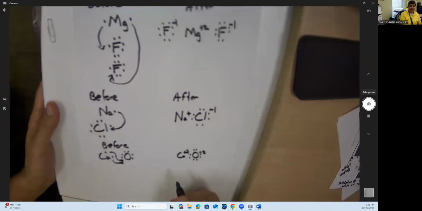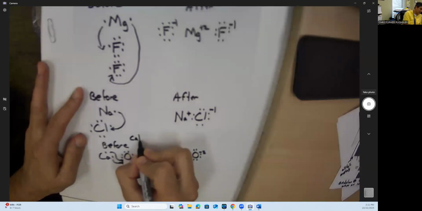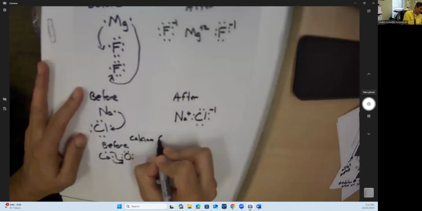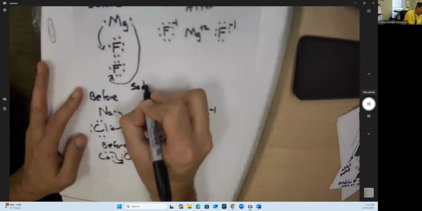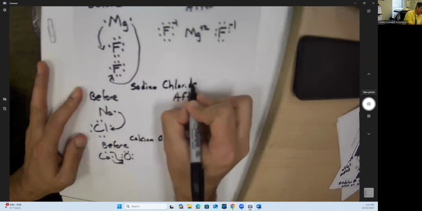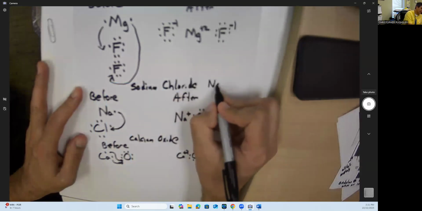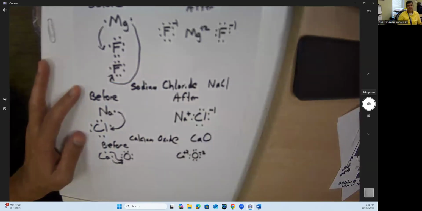This is called an ionic compound. Again, this last one was called calcium oxide, and the one before it was called sodium chloride. And you might ask, how did you know the formulas would work? I'm going to get to that next week. NaCl, CaO. Okay.